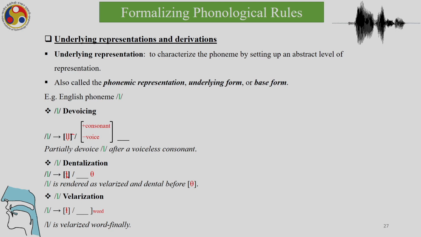It partially devoices after a voiceless consonant. And L dentalization, L is rendered as dental before th, which you had seen before, and velarization only if it is final in a word.